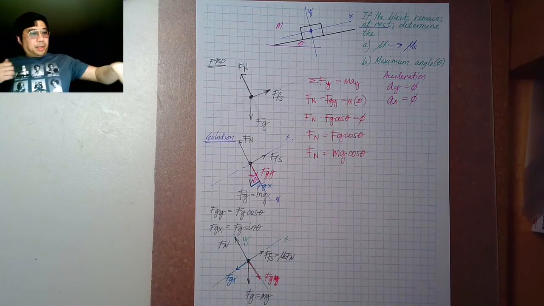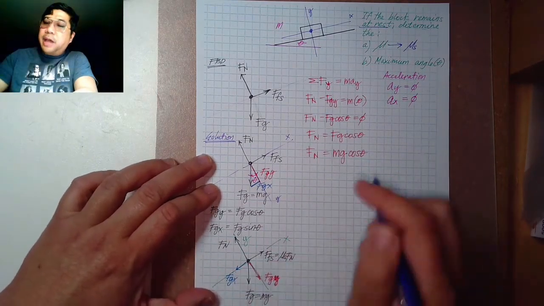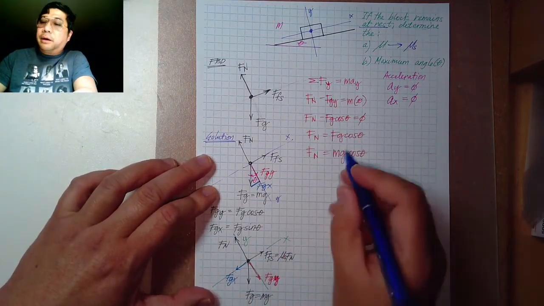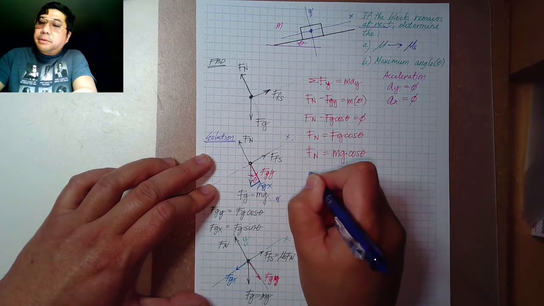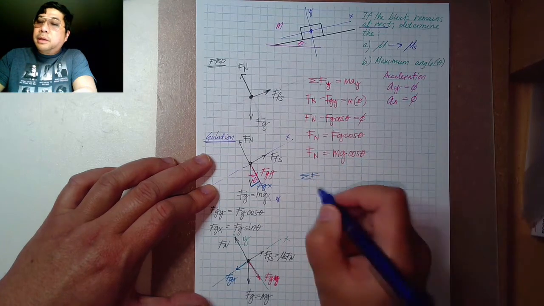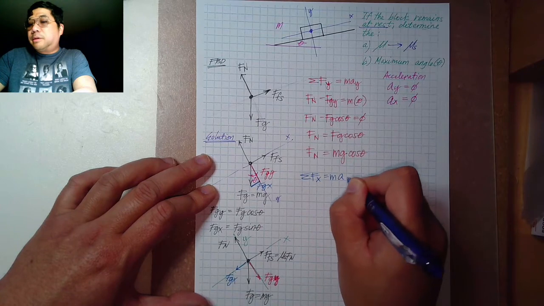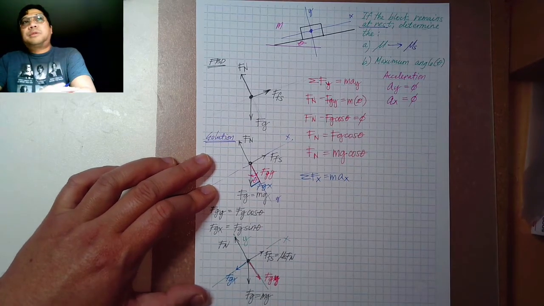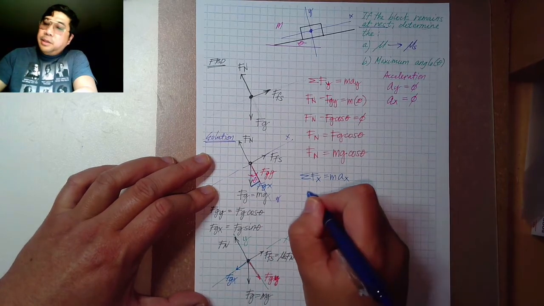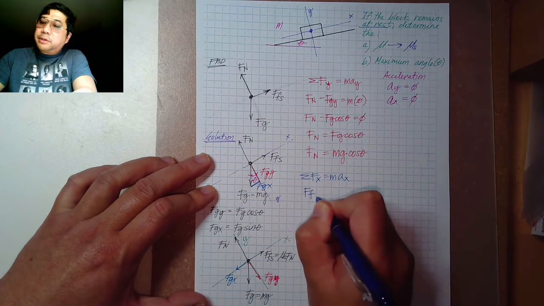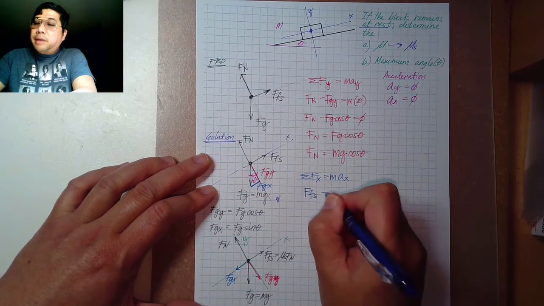Now, how about studying the different forces acting along the x-axis and the acceleration of the block along the x-axis? The summation of forces along the x-axis is equivalent to mass multiplied by the acceleration along the x-axis. Again, forces going to the right are positive, so going to the right is your force of kinetic friction or static friction, minus Fgx.